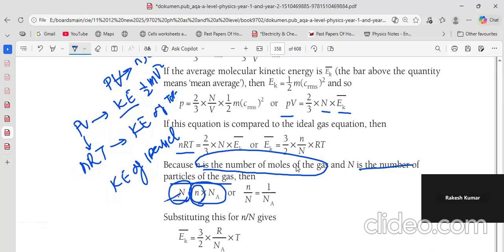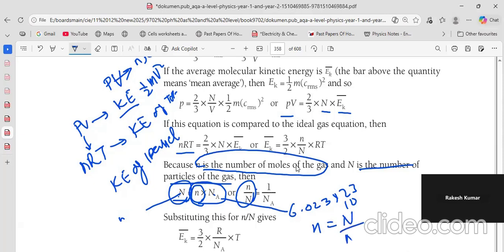This is moles, this is number of particles, and this is Avogadro constant of 6.02 into 10 to the power 23. And this N by NA is nothing but the ratio, number of particles by Avogadro constant. That's the number of moles.